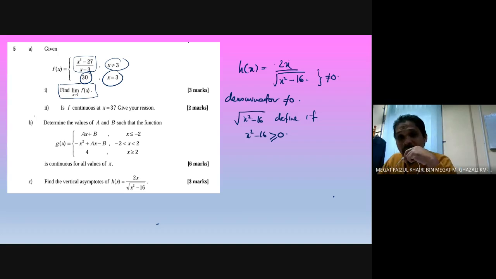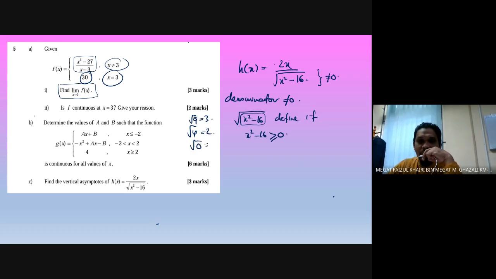And do you still remember this? The square root of x squared minus 16 is defined if x squared minus 16 is at least 0, because the value inside cannot be negative. It's defined for the square root of 4, which is equal to 2, the square root of 9, which is equal to 3, or even the square root of 0, which is still equal to 0.